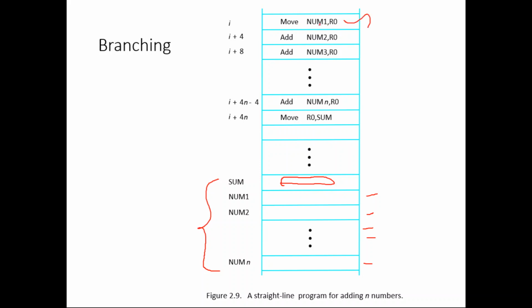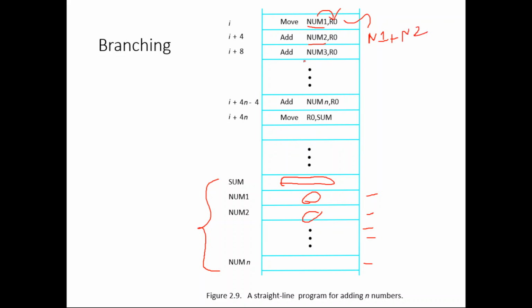This will move the value available in the memory location num1 to r0. Add num2 comma r0. This will add the value available in the location num2 with r0. So r0 contains num1 and the result will be stored in r0. This will basically perform num1 plus num2.